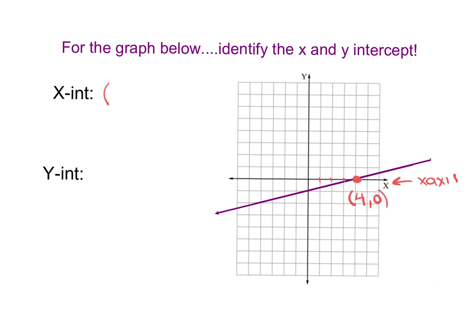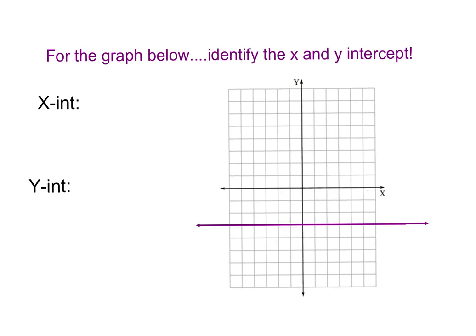So our x-intercept point here is x is 4, y is 0. Then if we take a look at our y-intercept point, which is right here where we cross the y-axis, x is 0 because we don't move left or right, and our y value is -1.